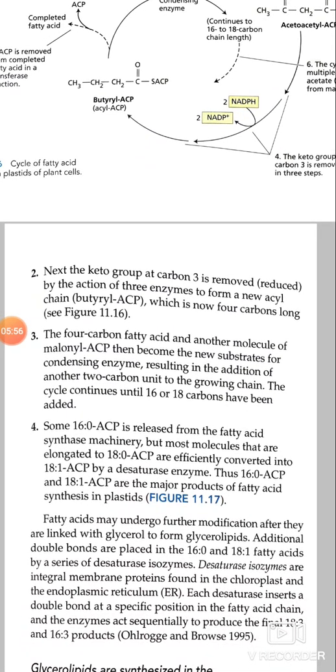Desaturase isozymes are integral membrane proteins found in the chloroplast and the endoplasmic reticulum (ER). Each desaturase inserts a double bond at a specific position in the fatty acid chain, and the enzymes act sequentially to produce the final 18:3 and 16:3 products.